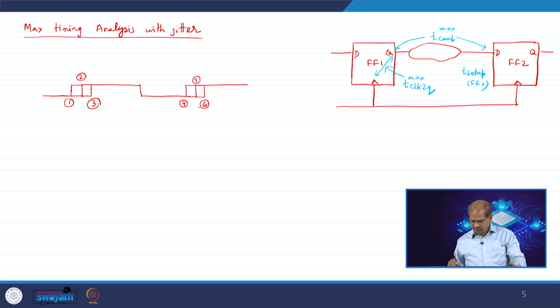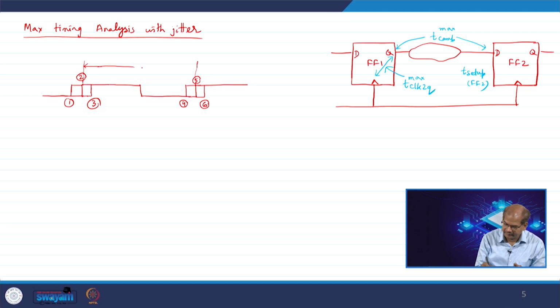Now, in the ideal case, I have my time period from this to this, which is T clock. This is my time period T clock, which has no jitter. But if I have jitter, your clock can vary.